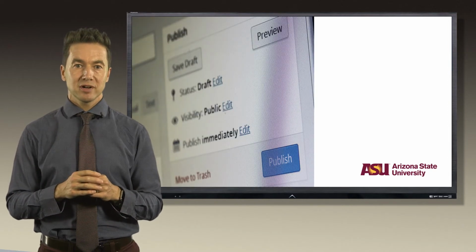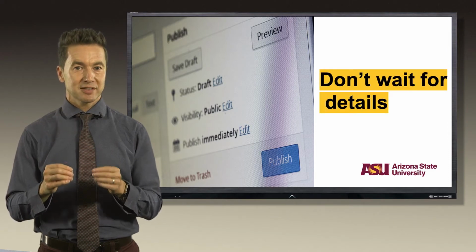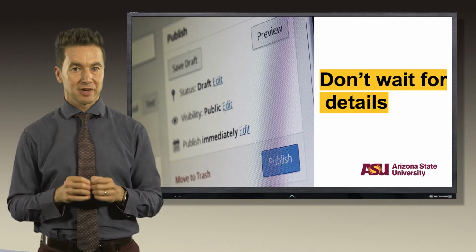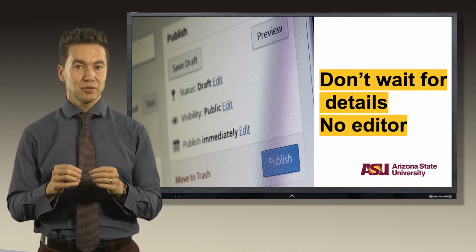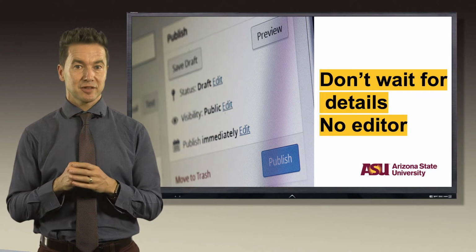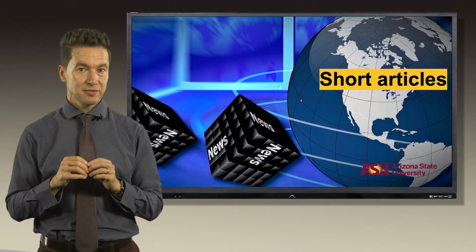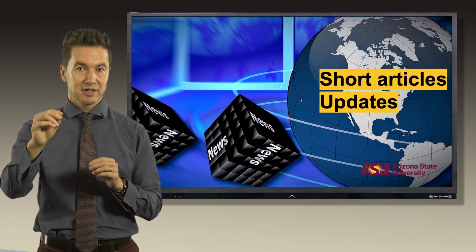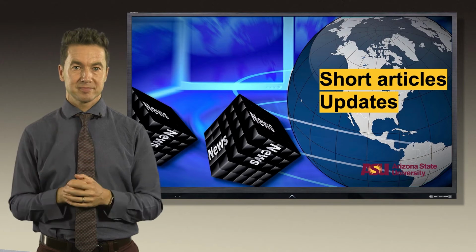Unlike print and broadcast media, digital media outlets don't wait for more facts and details before running a story. In fact, many online news outlets do not use traditional editors to check their stories. They post short articles within minutes of an event and then post continuous updates in the 24-hour news cycle.